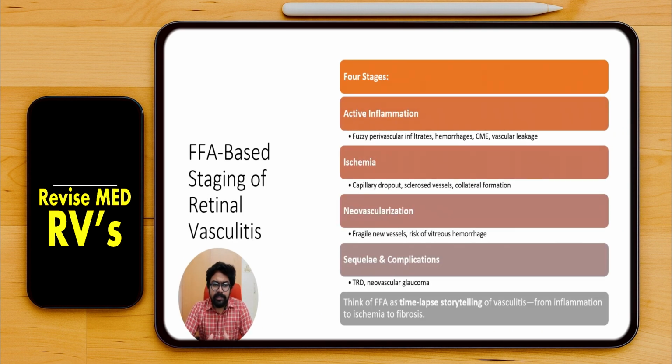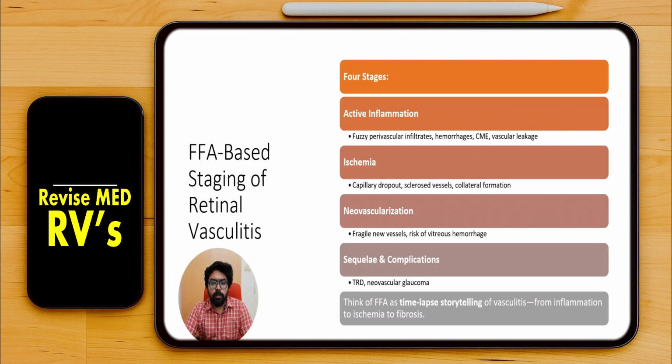So FFA-based staging of retinal vasculitis can be divided into 4 stages. One is active inflammation, which includes fuzzy perivascular infiltrate, hemorrhages, cystoid macular edema, and vascular leakage. In the ischemia stage, you can see capillary dropout, sclerosed vessels, and collateral formation. In the neovascularization stage, you can see fragile new vessels, and there is an increased risk of vitreous hemorrhage.